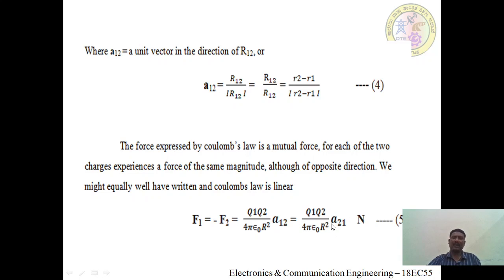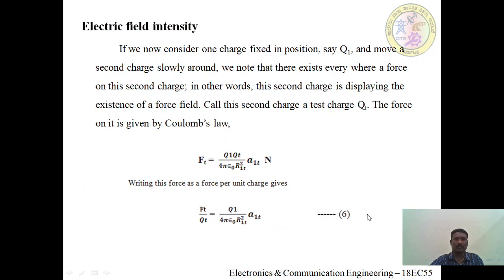These are the unit vector A21, from 2 to 1, the vector moving in the opposite direction. That is why F1 is equal to minus F2, equal to Q1 Q2 divided by 4 pi epsilon naught R squared into A21 newtons.